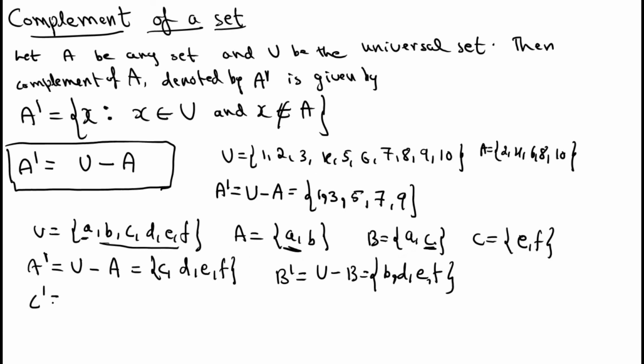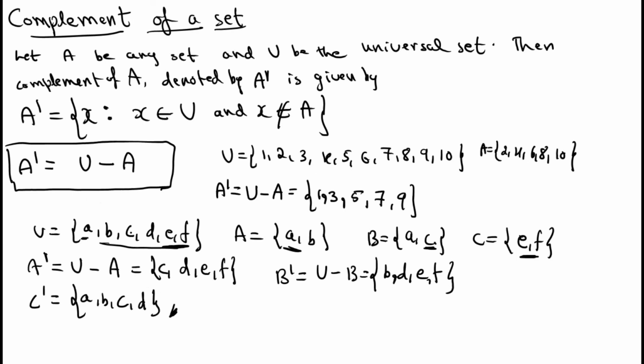C dash is equal to the elements of U which are not in C, that is A, B, C, D, because E and F belong to C, right? So you write only the elements of U which are not in set C. This is how to write the complement of a given set.